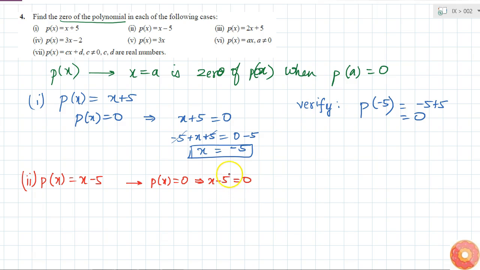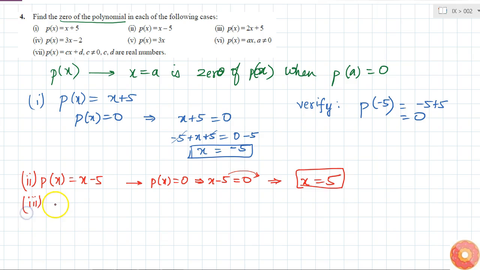If I bring 5 to the other side of the equality, subtraction becomes addition. So minus 5 becomes plus 5, and 0 plus 5 is 5. So x equal to 5 is the zero of this polynomial.